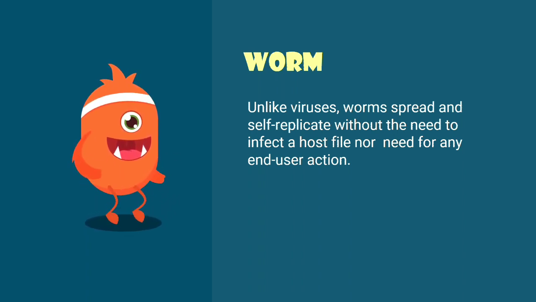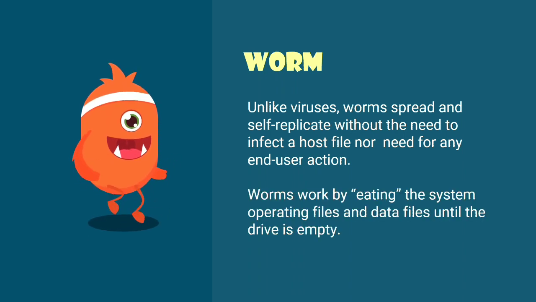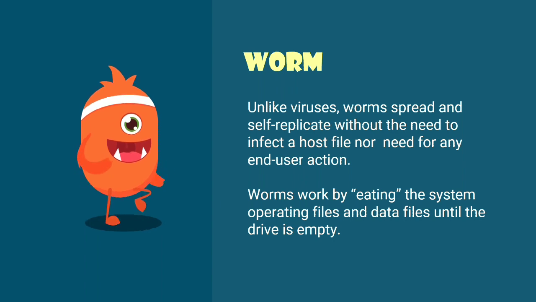So worms are very independent, unlike viruses, which are very dependent on any host code that they can attach to. Worms can replicate themselves without attaching to a particular host file or the need for any user to open or run that program. Worms work by eating the system, operating files, and data files until your drive is empty.